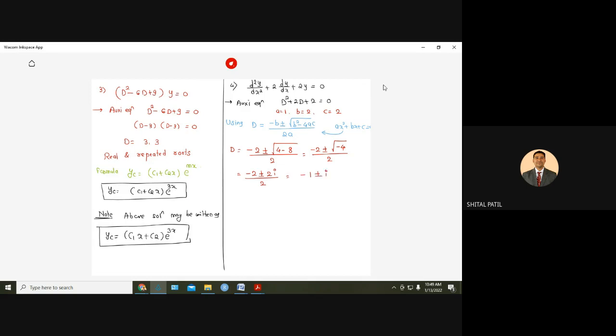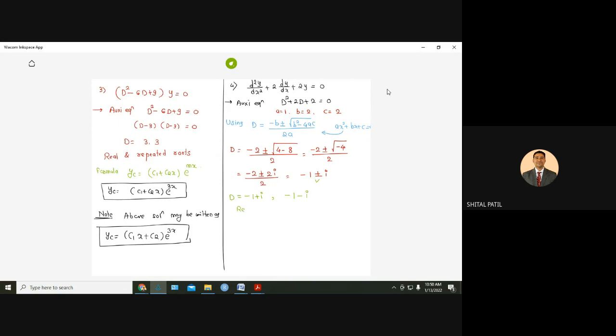So see, you might have observed there is a plus minus here. So if minus 1 plus i is one root, by default what will be the next root? Minus 1 minus i, and therefore complex roots appear in pairs. Getting everyone?